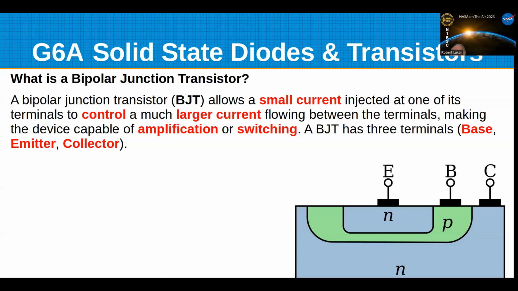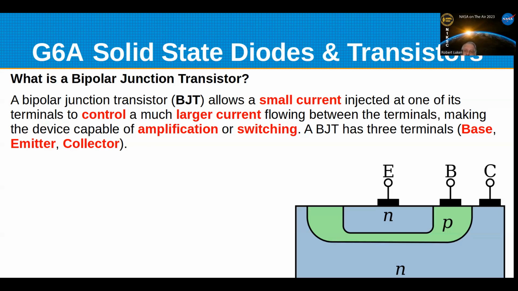So what is a bipolar junction transistor? The little diagram down there kind of shows a cross section of how one is actually made, and you can see the different layers.